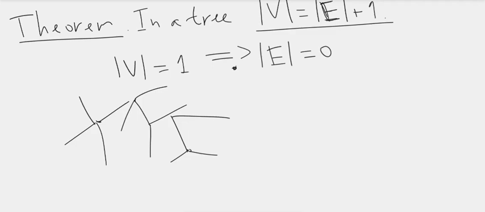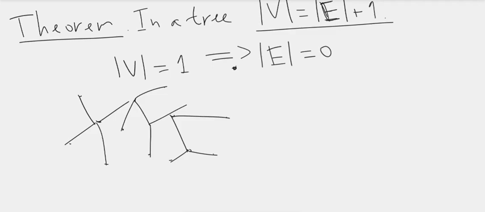That's a tree. So we notice that we always can choose a vertex that has degree 1, and it's called a leaf. Vertices of degree 1, all these vertices, are called leaves of the tree.